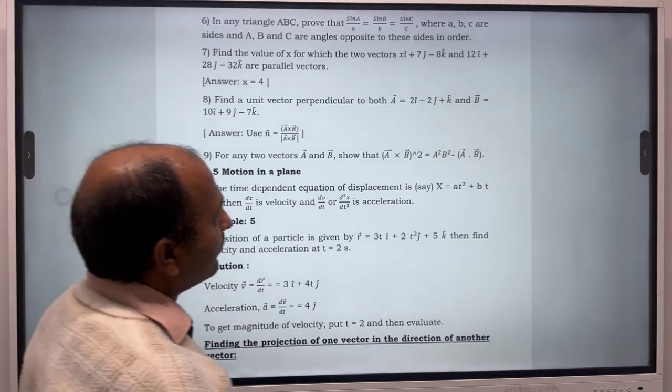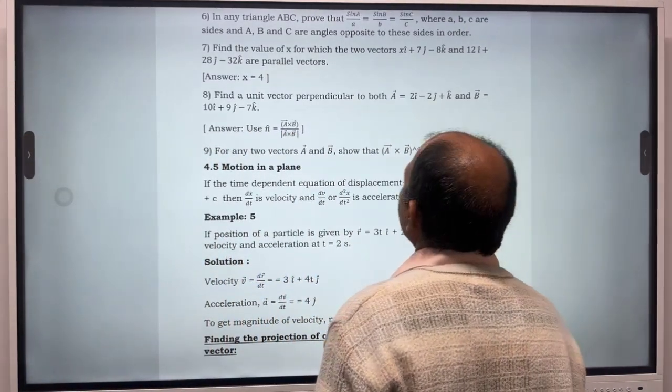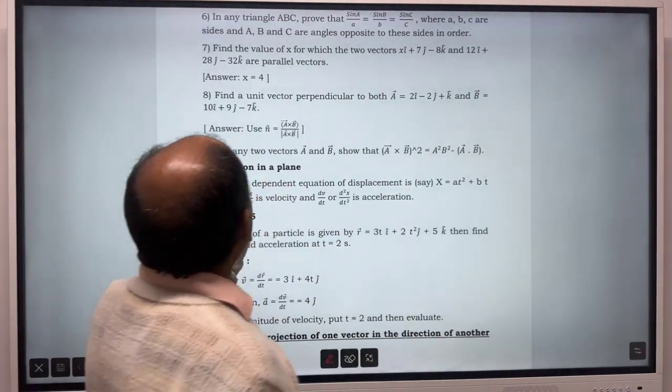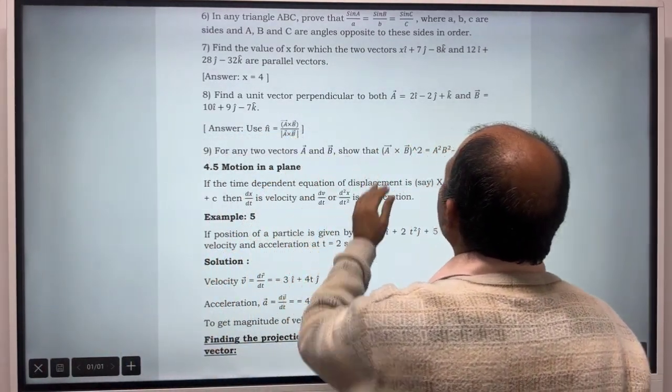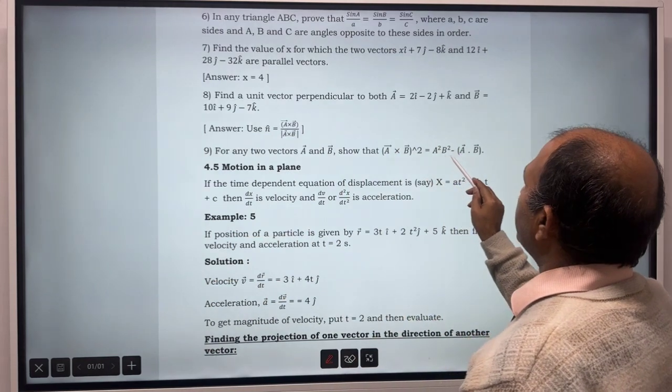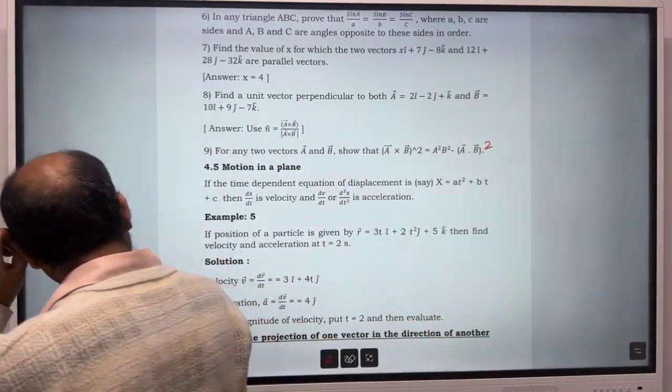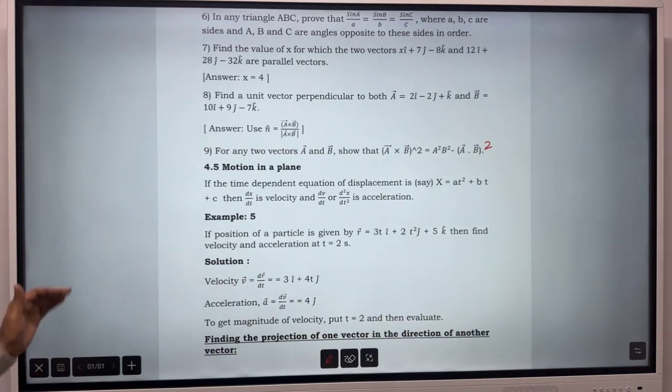Next question is, for any two vectors A and B, show that the square of A cross B equals A square B square minus the square of A dot B. Now let's see how to get it.